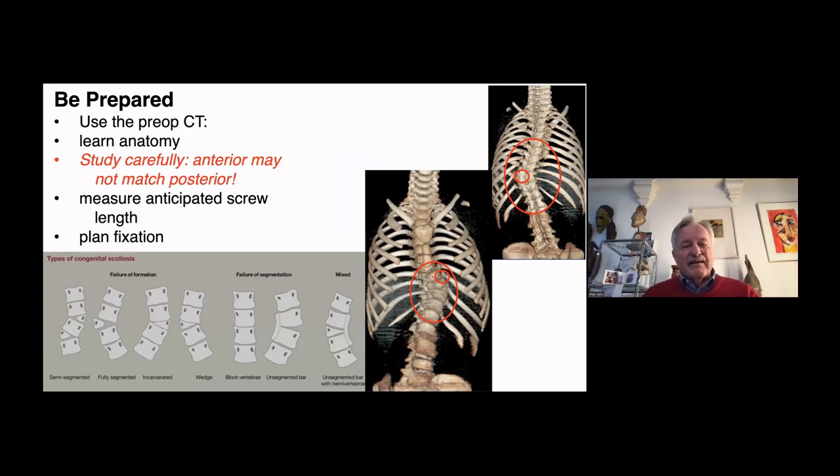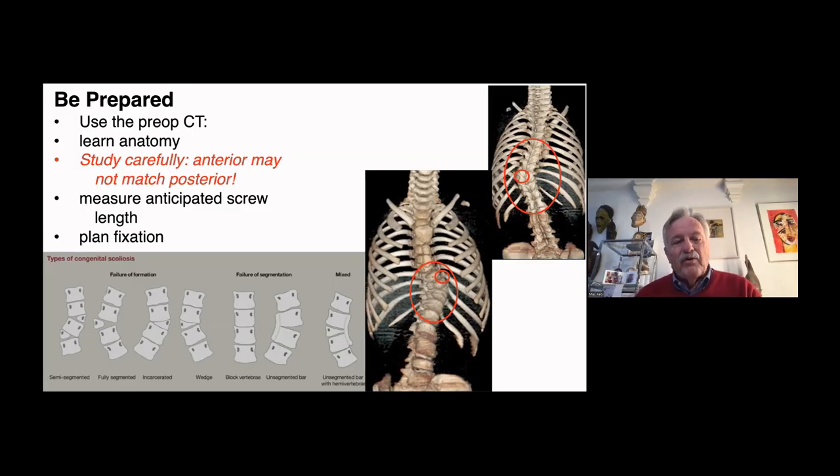And what is the crucial issue in the anatomy is to understand that the AP view and the posterior view can be very different. So if you address an issue with surgery, you have to be clear what you're really addressing.